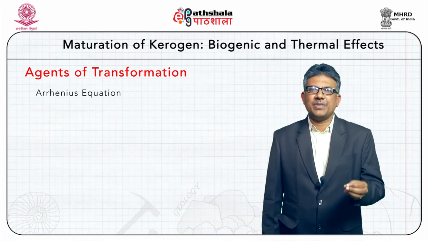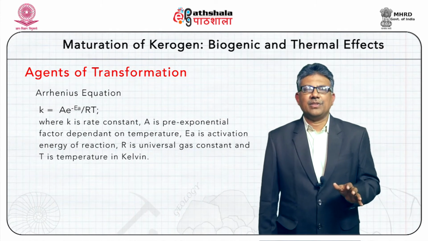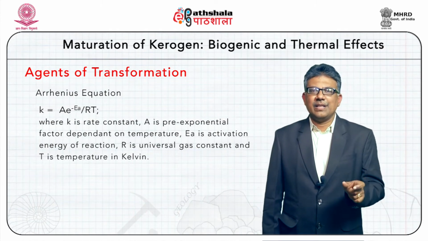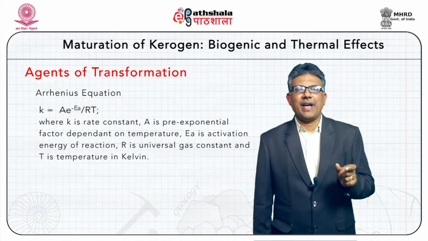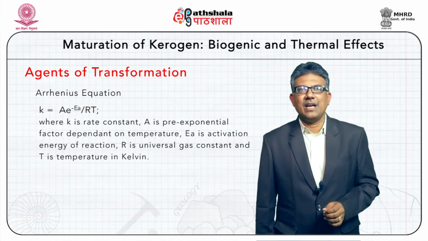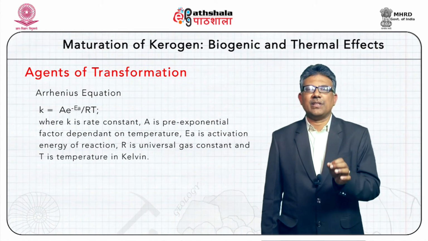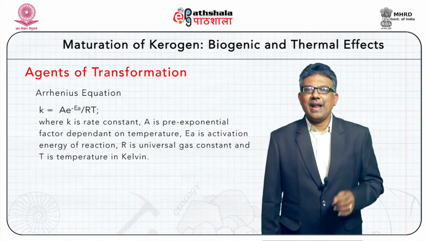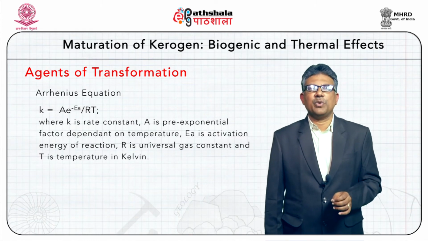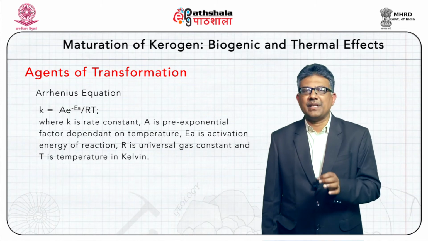The Arrhenius equation is essentially a temperature dependent chemical reaction where you see there is a pre-exponential factor, the activation energy of the reaction and the universal gas constant, and temperature is shown in Kelvin. According to this equation, the reaction rate doubles with every 10 degree increase in temperature.